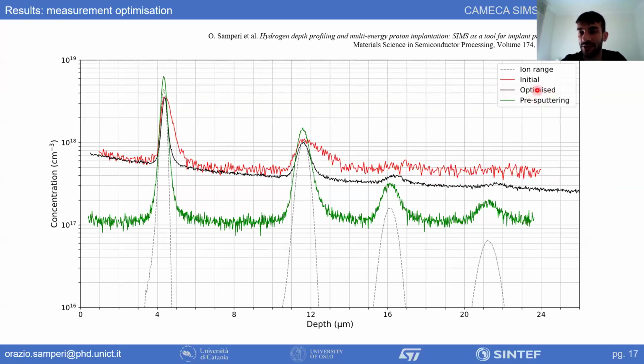Better results by using the optimized conditions, where we are definitely able to detect all the 4 implants, because you can also see something here and here. We are also able to minimize the crater-edge effect. But there is still another issue.